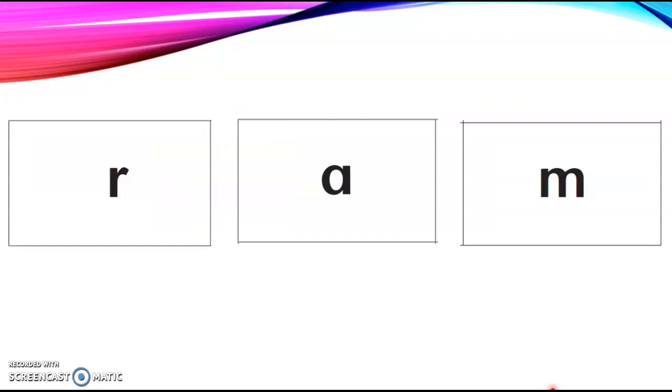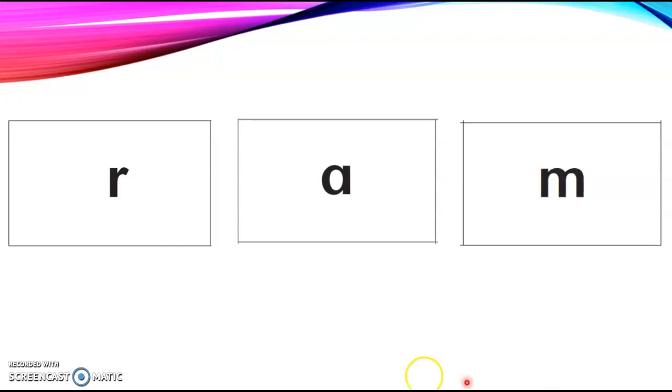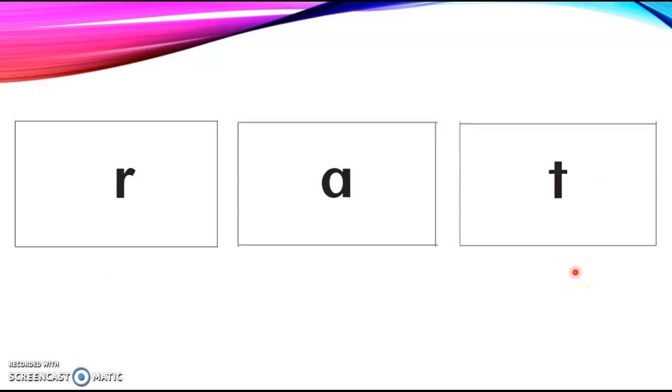Now let's say the letter sounds to spell out a word. Say it with me. This says ram. Let's go to the next one. T. What do you think that is?